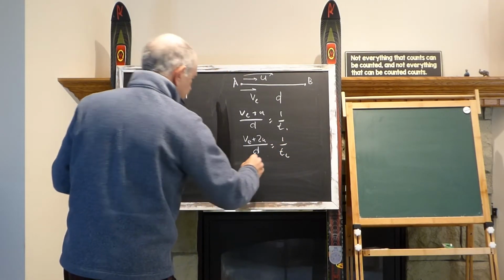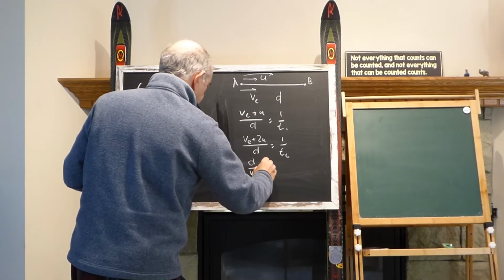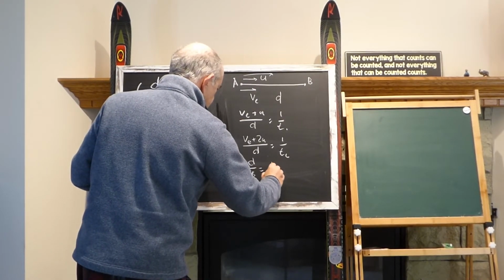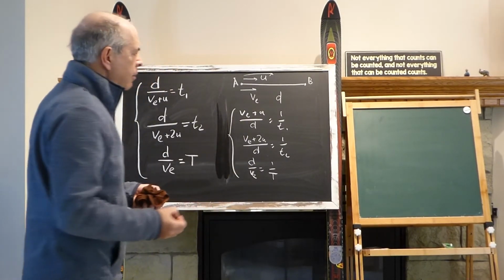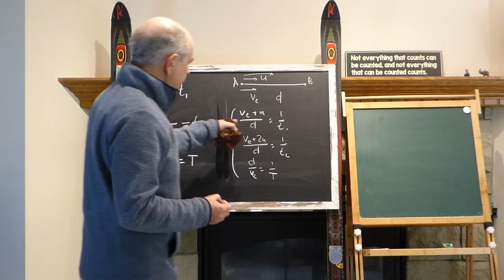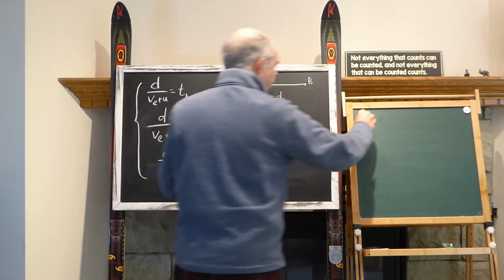And the last one, we put it like this, D over VE equals 1 over T. Same equations, nothing new here, it's like a mathematical trick. And then the next step I will do here, I will divide it one by one.